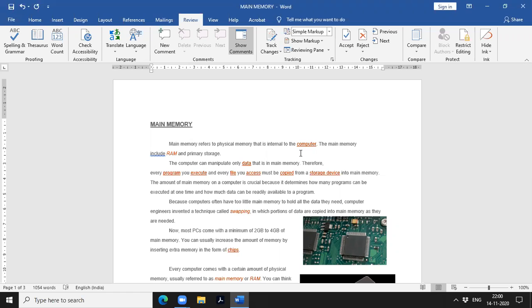Whenever we switch on a computer, many programs are run simultaneously, and we don't know which program is executing in the background. Often a computer has too little main memory to hold all the data it needs, so computer engineers invented a technique called swapping, in which portions of data are copied from main memory as they are needed.